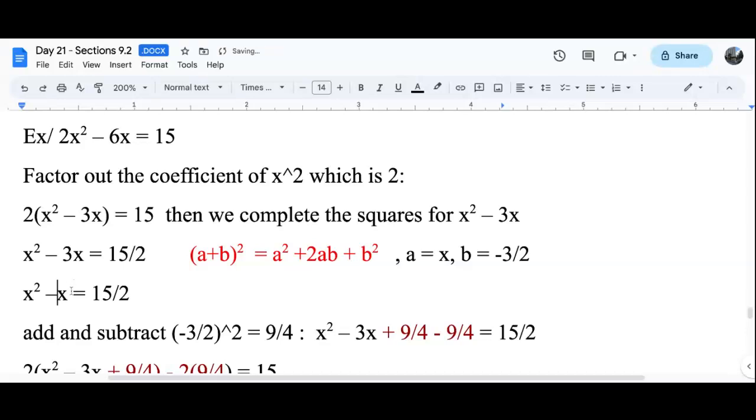So we want to write this 3 as adding 2 times negative 3 over 2. You see the 2ab form? So x is a, 2 times a times b. Does that make sense?